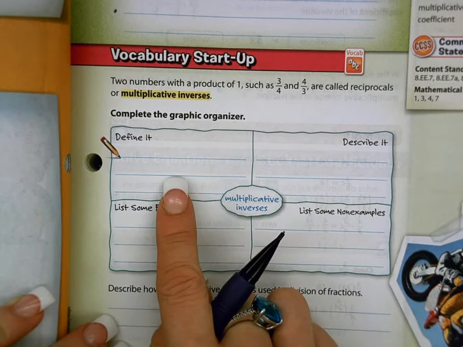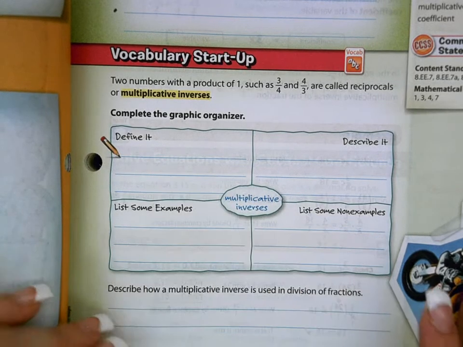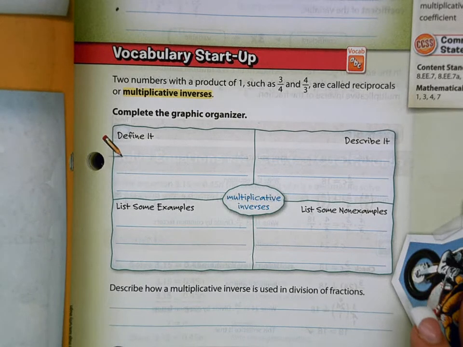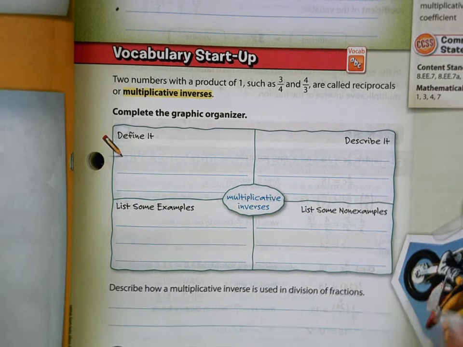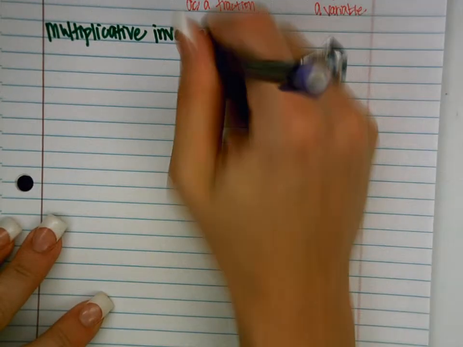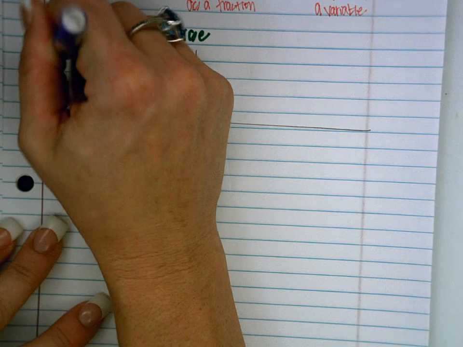Okay, so for define it, does anyone happen to know what the multiplicative inverse is? I'm going to do the little graphic organizer just on my paper.